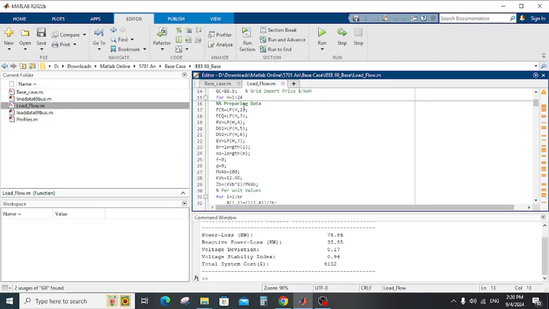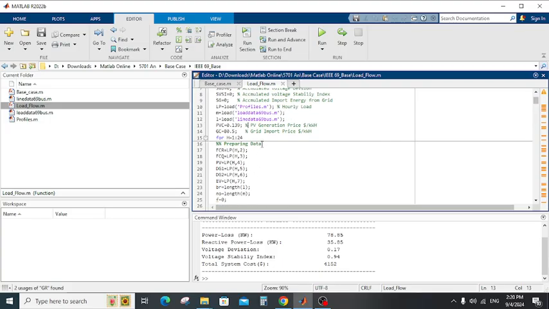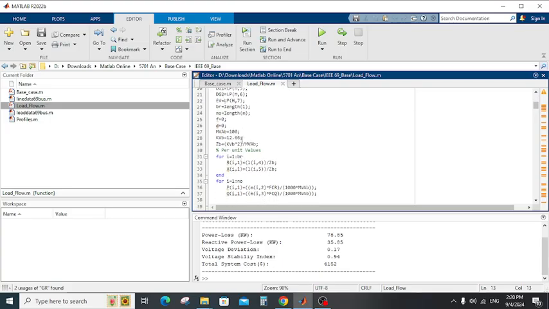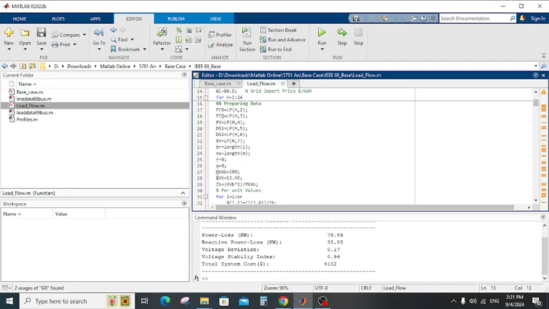After that we prepare the data depending on each reading of the data and the profiles, and initialize some network parameters like the base MVA, the base voltage and the base impedance.